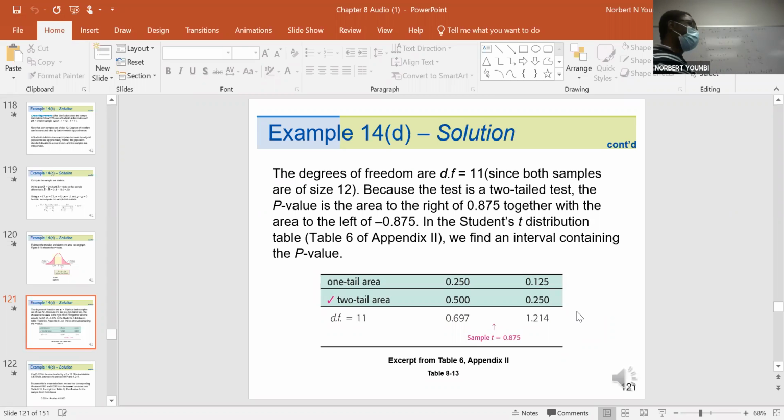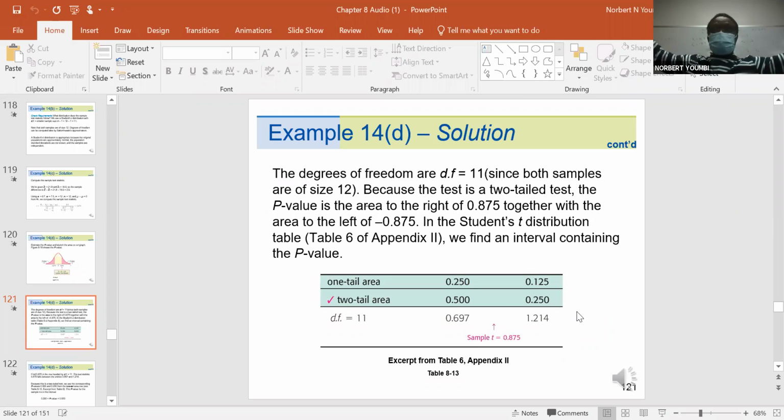But when you have the p-value, you don't need to use that method. Let me explain again. 0.25 less than p less than 0.5. How do you use this range? If you know that p is greater than 0.25, then it is greater than 0.05. That's how you use the range.